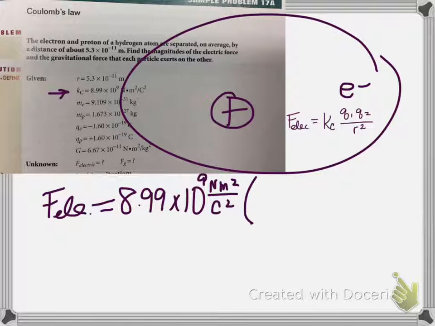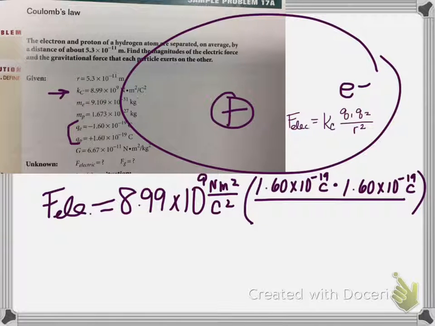So I'm going to plug in those numbers, and those are coming straight from here. And the distance between them, you want to talk about tiny, 5.3 times 10 to the negative 11th meters. And we're going to square that.